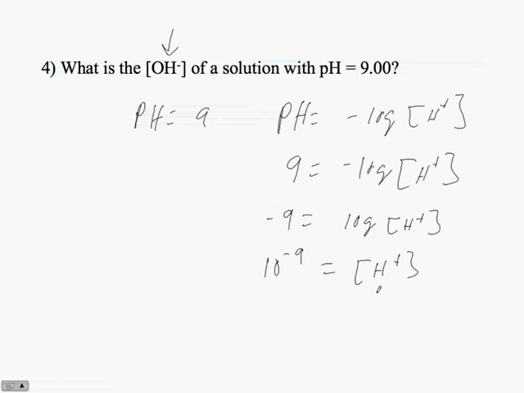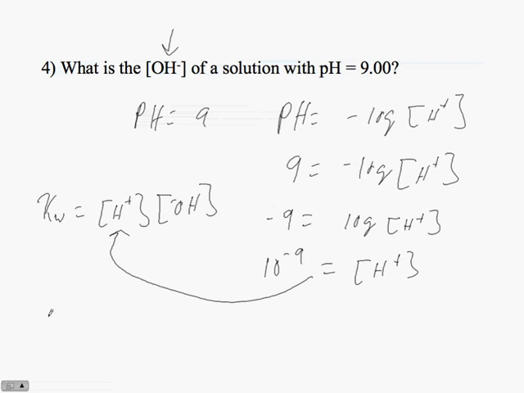Knowing that, we can now use our formula Kw is equal to the hydrogen ion concentration times the hydroxide ion concentration. Substitute this into the equation, and we know Kw is 1.0 times 10 to the negative 14.